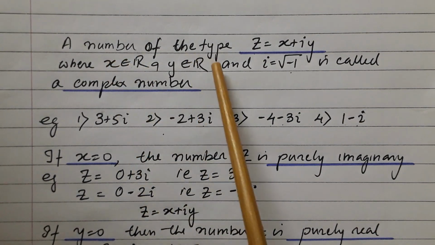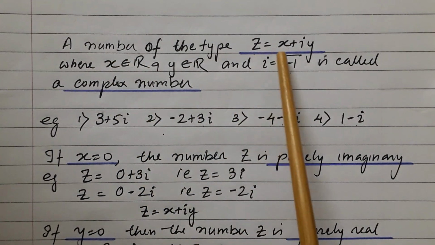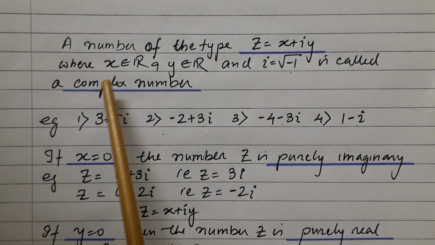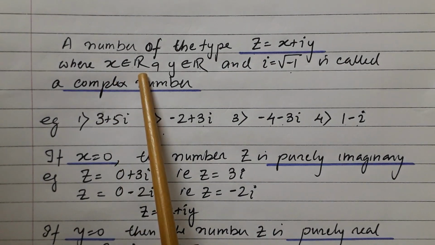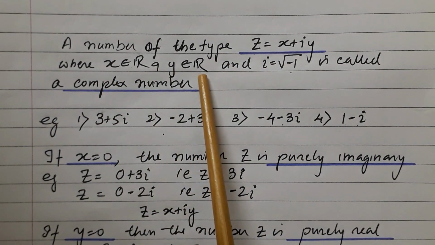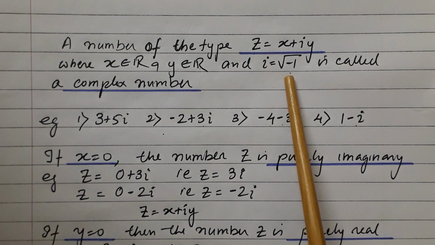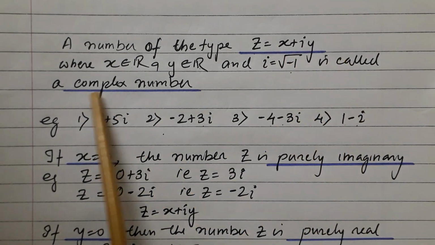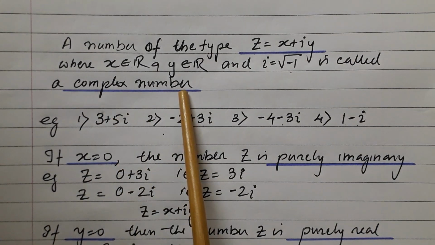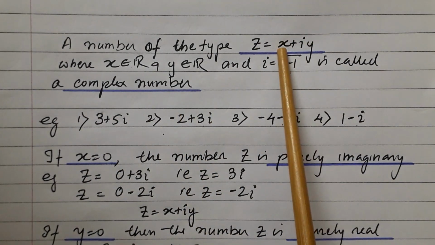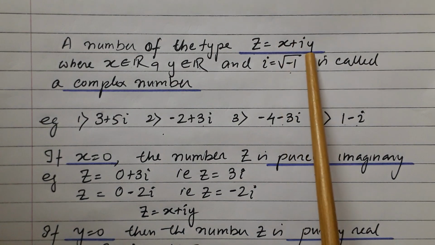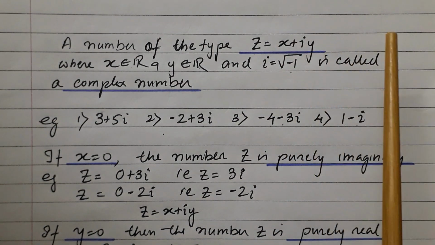Now, a number of the type z is equal to x plus iy, where x and y belong to real numbers and i is equal to root of minus 1, we call a complex number, where x is called the real part and y is called the imaginary part.